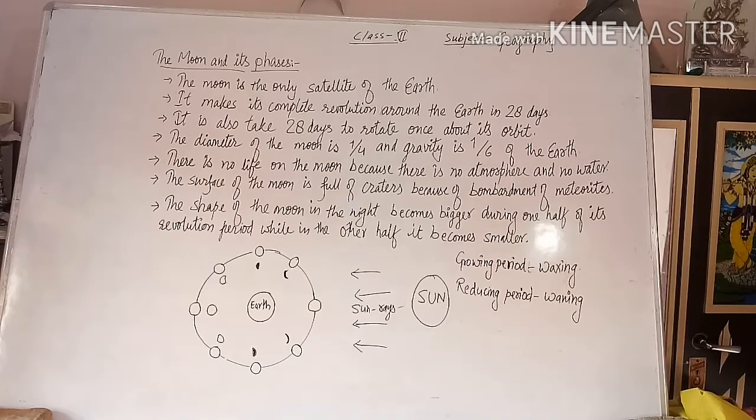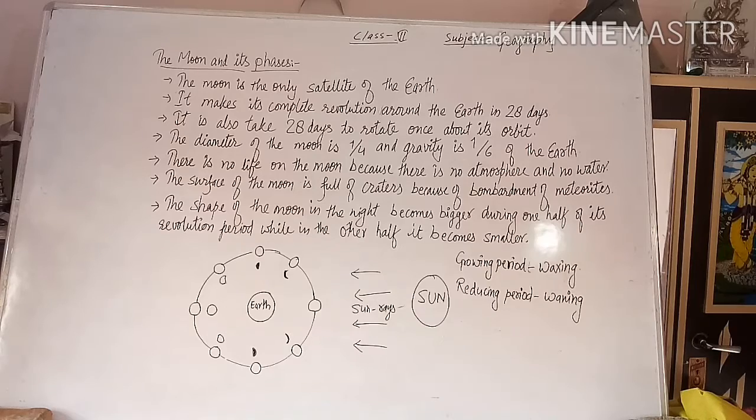So this is it for today. In today's class we discussed the moon and its phases. It is the only natural satellite of the earth. The revolution of the moon completes in 28 days. The rotation of the moon on its orbit also completes in 28 days.